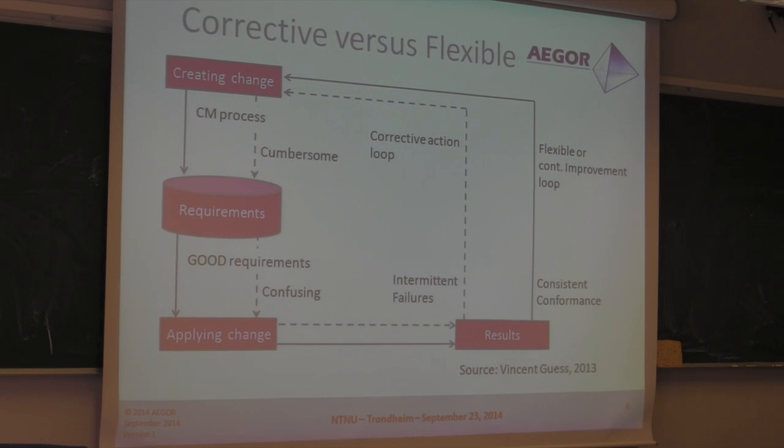What you have in a positive, flexible or continuous improvement loop, that's the outside line. If you have the right processes, you have a closed loop without gaps that are filled in by all kinds of individual actions and all kinds of exchanging information. Now you have a very closed process.